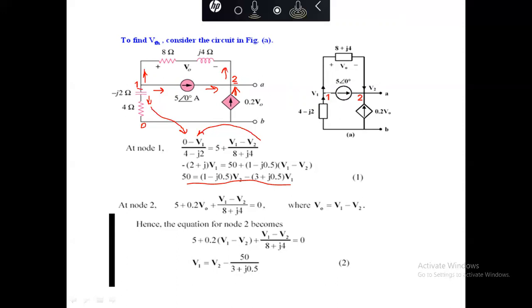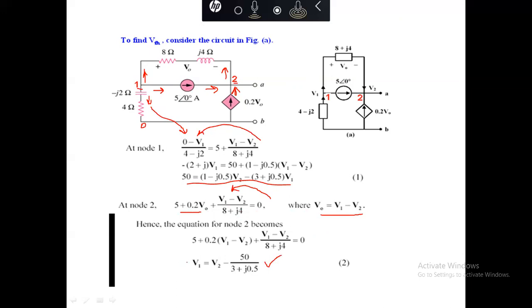So we have moved this part V2 minus V1 here, which is V1 minus V2 over 8 plus J4, and we have the two currents 5 plus 0.2 V out here. The value of V out is V1 minus V2.